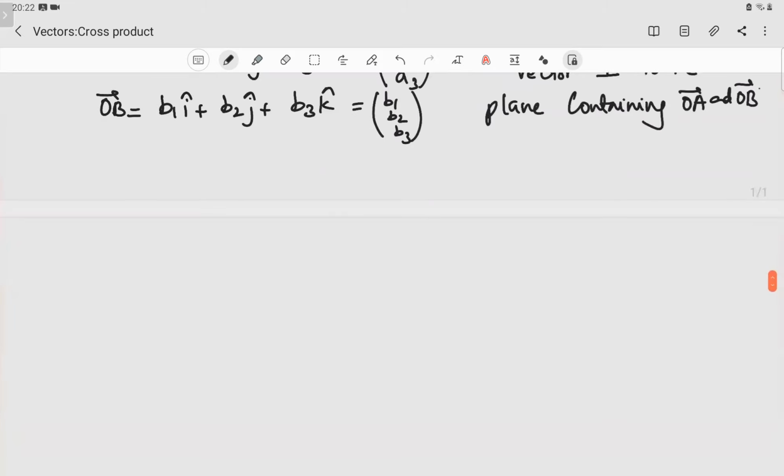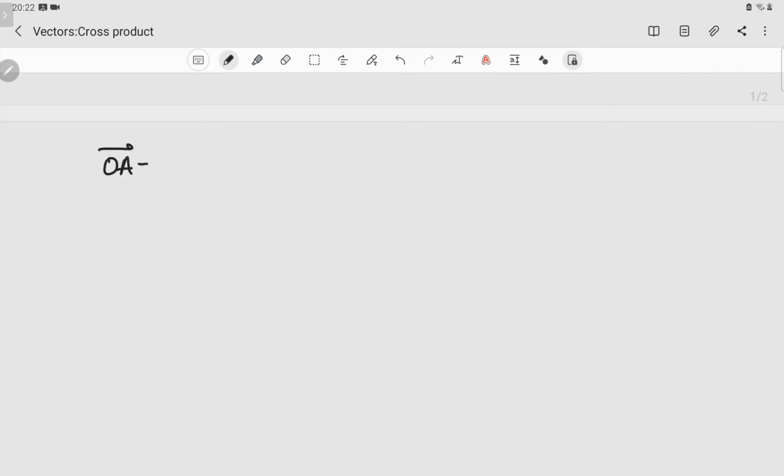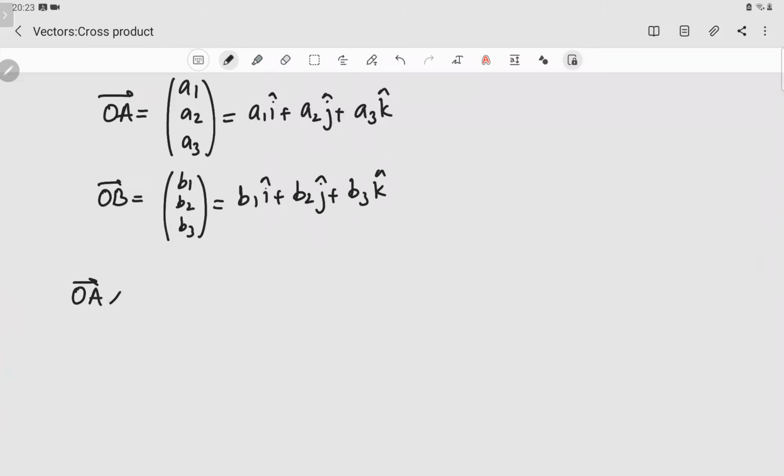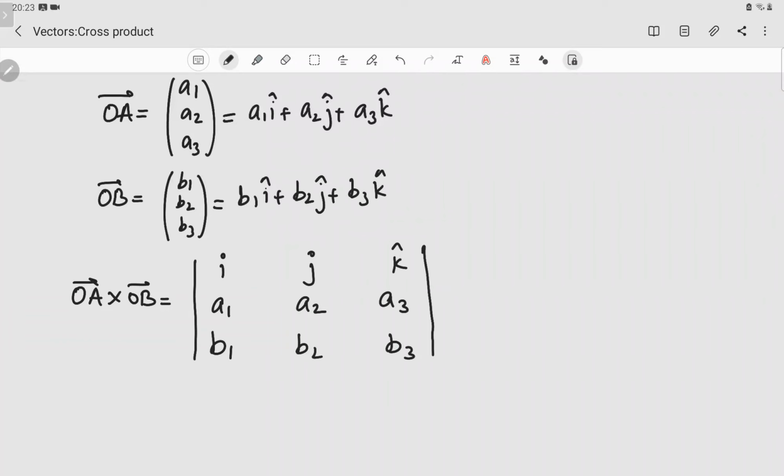So let's expand this cross product. Okay, we write it like this.